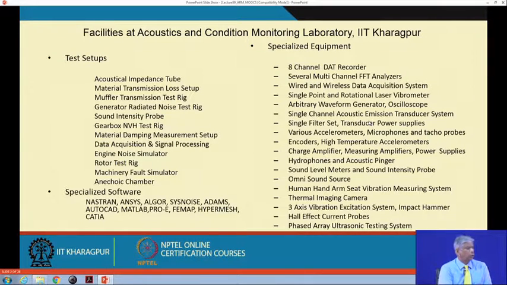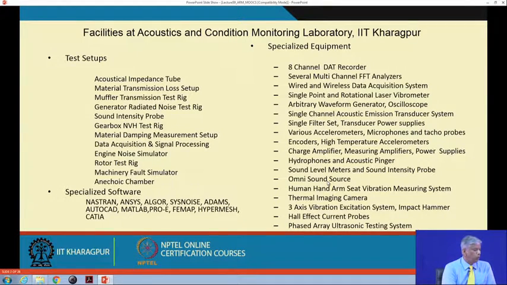A lot of these transducers, be it accelerometers or microphones, require power supplies which need to be portable, giving you the polarized voltage or the charge to voltage amplifiers. Encoders, we have high temperature accelerometers. These are charge type accelerometers. Then of course, associated amplifiers, power supplies, etc. We have the hydrophones for underwater acoustics, acoustic ping gun, a few sound level meters, sound intensity probe.